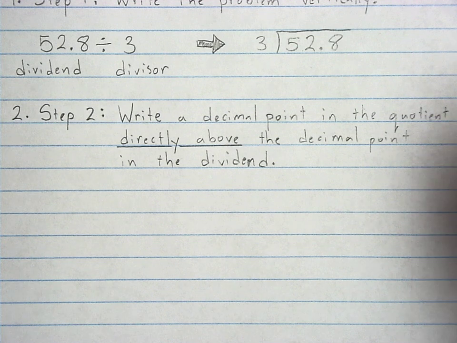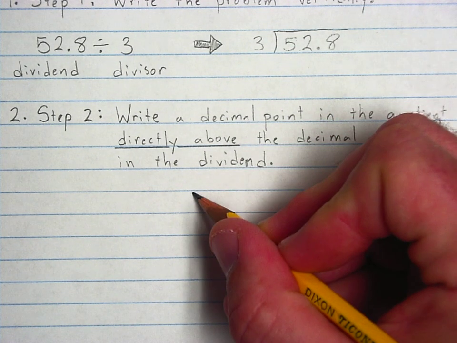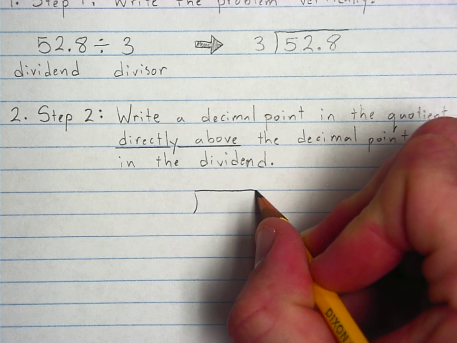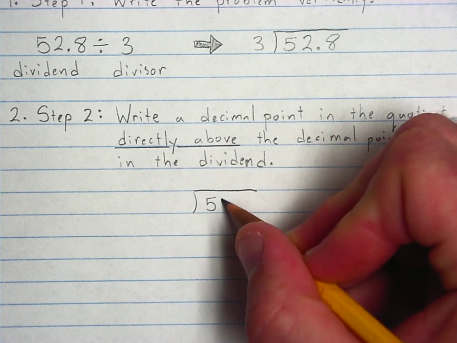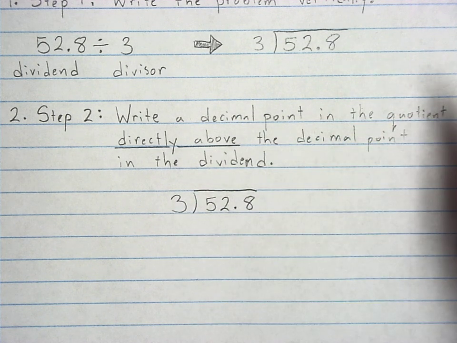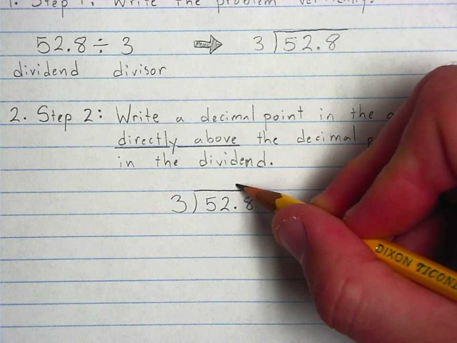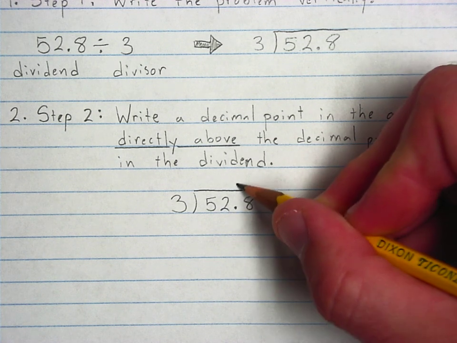So what does that look like? Well, I'm going to go ahead and copy down my division hut again. 52 and 8/10 divided by 3. Here's my decimal point in the dividend. Bring it straight up immediately.